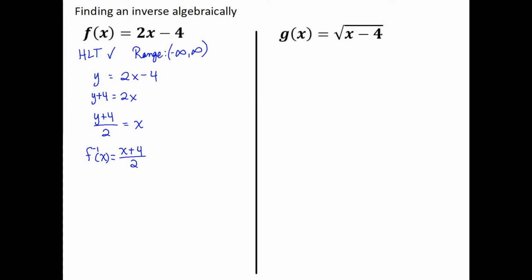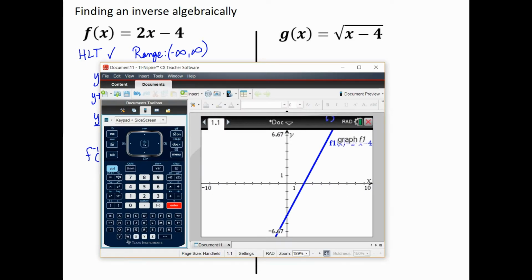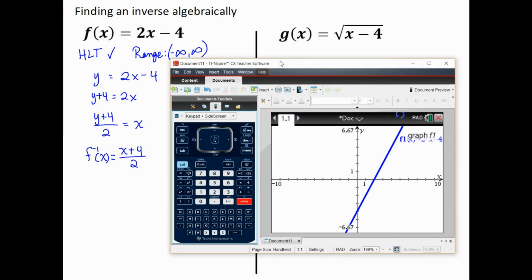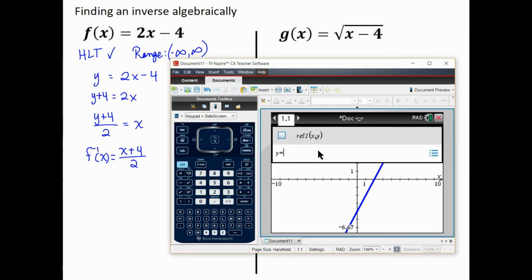All right, and sometimes we're going to have to worry about domain restrictions. But this function, actually we will not need any domain restrictions because we figured out the range was negative infinity to positive infinity earlier. So let's go ahead and graph this just to take a look at how it looks. X plus 4, and we want to divide all that by 2. Actually, let me go forward.